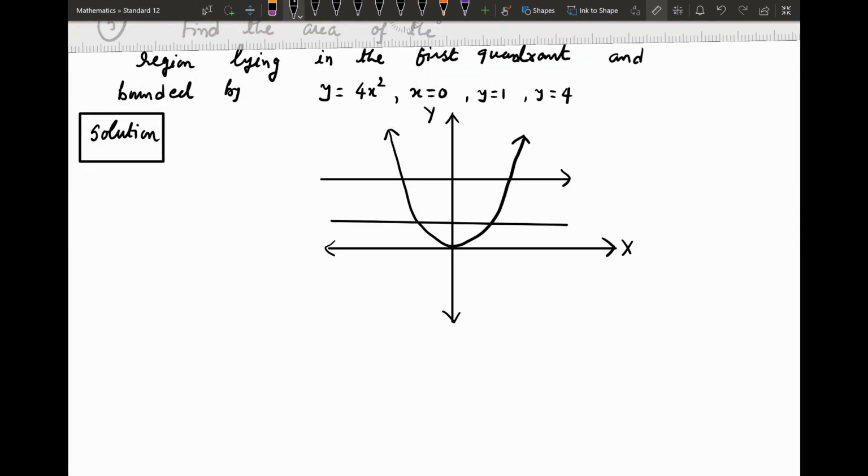Now we have to get the area of this portion.